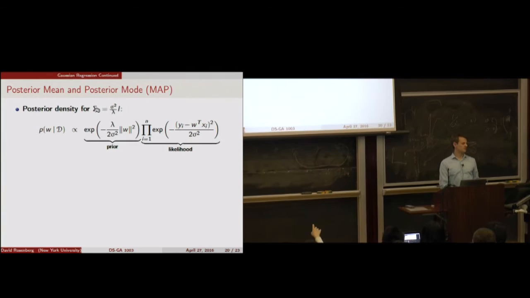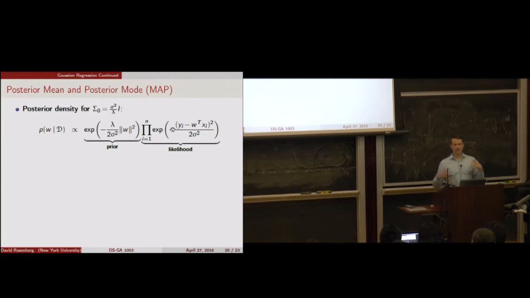Sigma 0 is the variance of the prior, which doesn't show up in the likelihood at all. This little sigma squared is the variance in the likelihood model. We assume we know sigma squared, that's right. So lambda going to 0 makes the posterior go towards the likelihood.